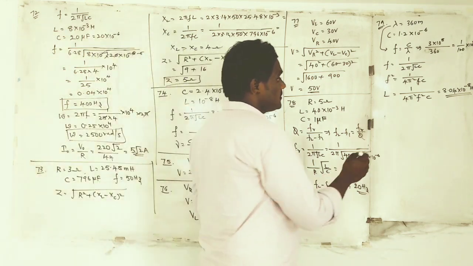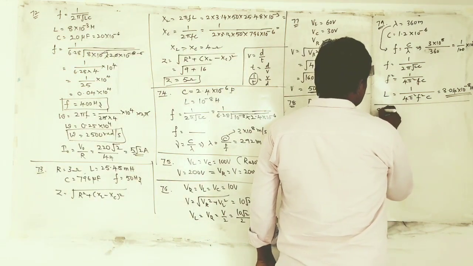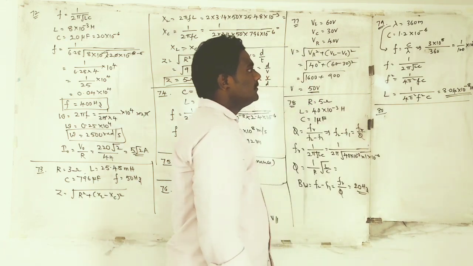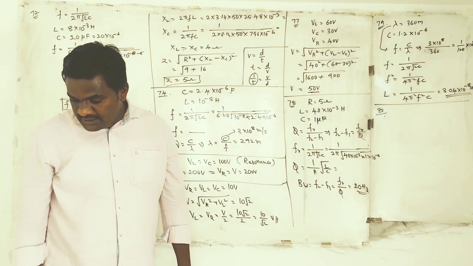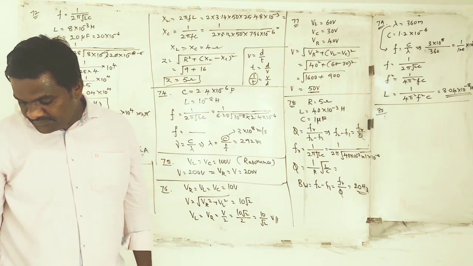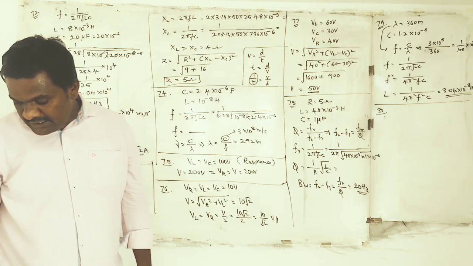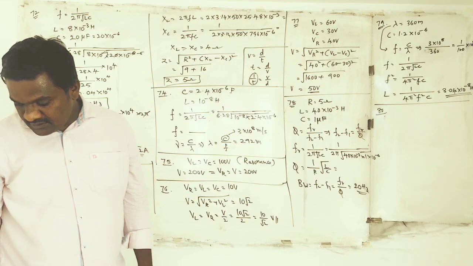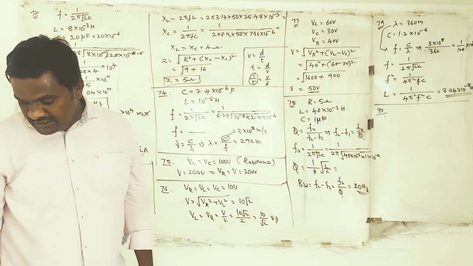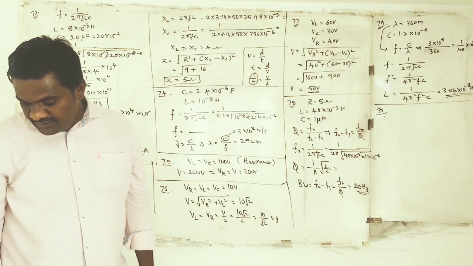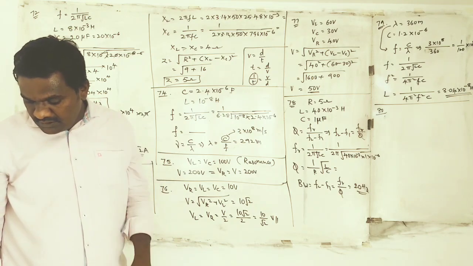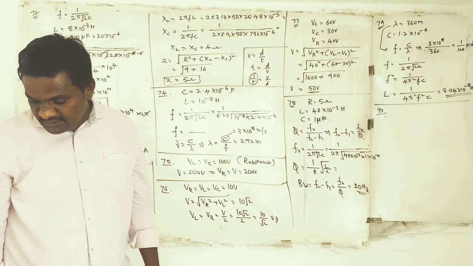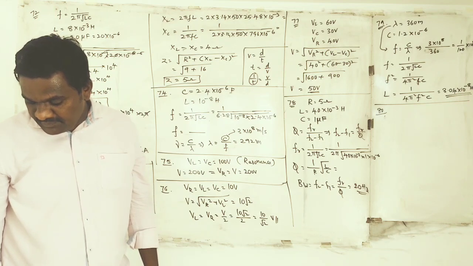Okay? And next, question 18. In a series resonance circuit, the voltage across R is 100 volts, R is 1 kilo ohm, and C is 2 microfarad. The resonant frequency is 200 radian per second. Then at resonance, what is the voltage across L? The problem is very simple.